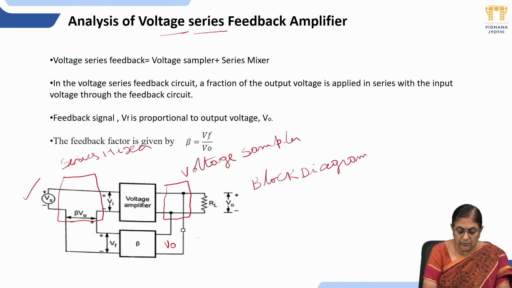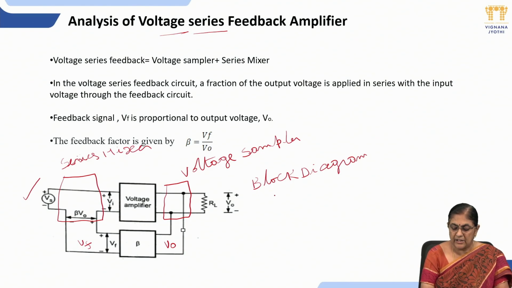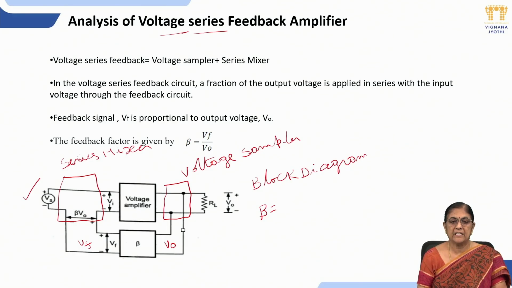Then what is the signal present at the output terminals of the feedback network? That is VF, voltage signal. So after identifying input and output of feedback network, you can write down feedback factor or gain of the feedback network. Beta is ratio of output of feedback network to that of input of feedback network. Therefore, beta is equals to VF by V0.